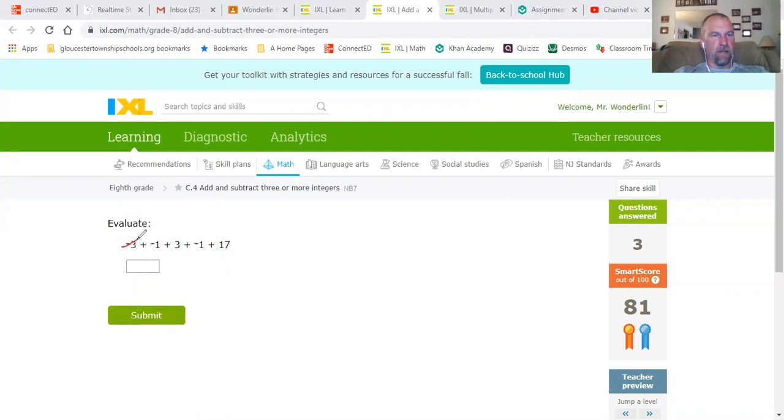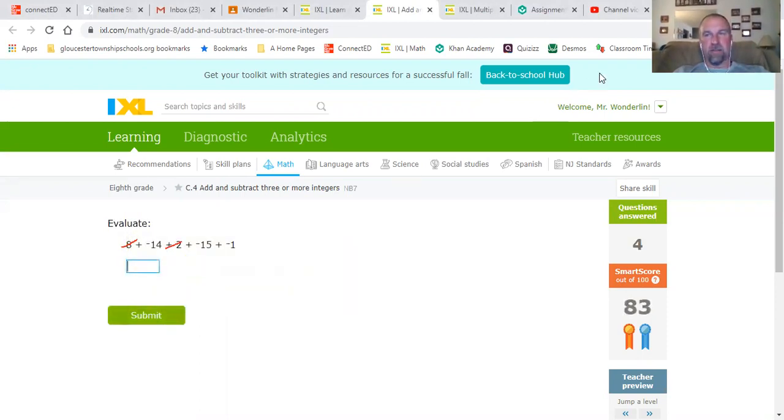Well, they're going to make 0. They cancel out. And I have a -1 there and a -1 there. They don't cancel out because they're not opposites. So -1 and -1 makes -2. Now -2 plus 17 makes +15.